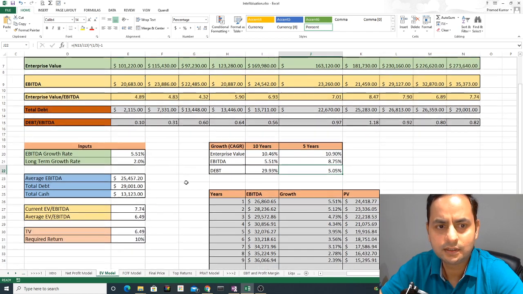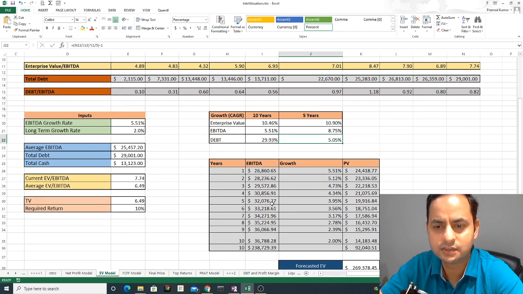Okay, now in order to use this model, the growth I have taken from the historical 10 years is one input, and then for the long-term growth rate, I assume the company will grow at 2% after 10 years, which I have taken here.